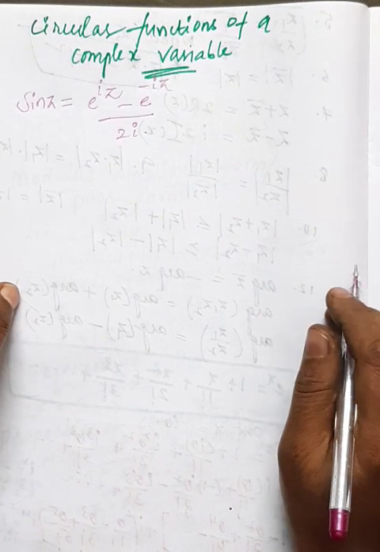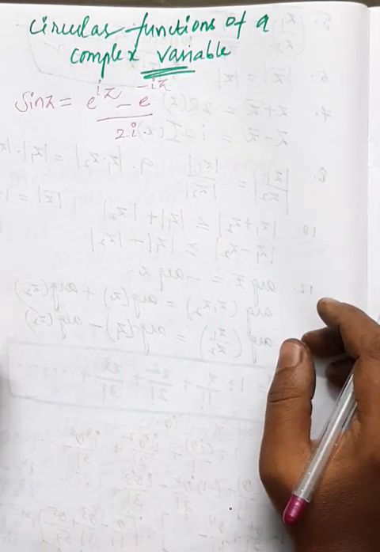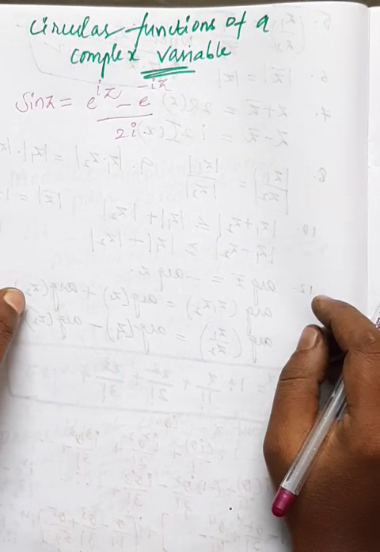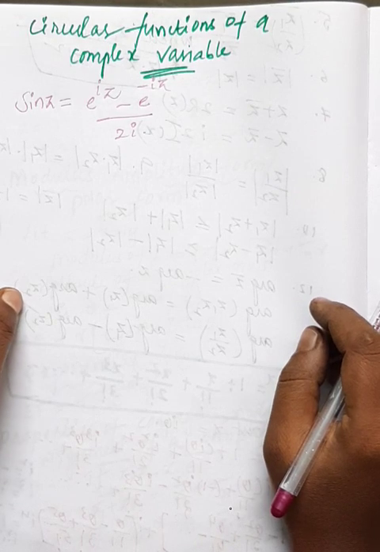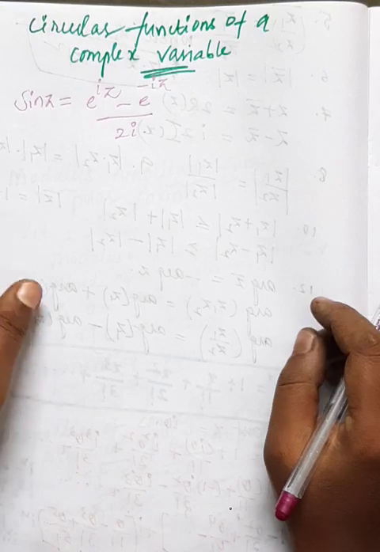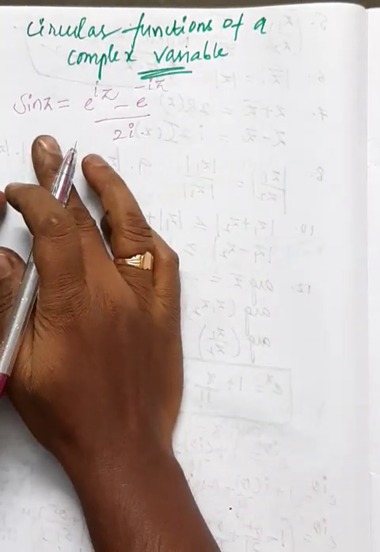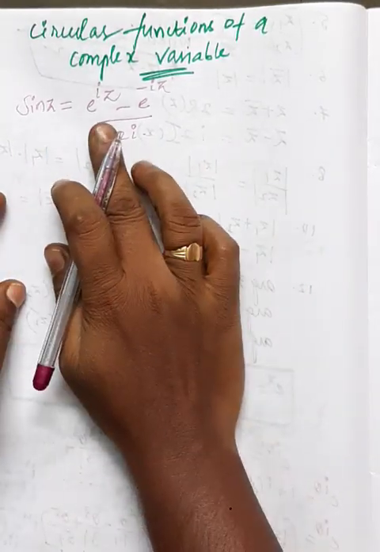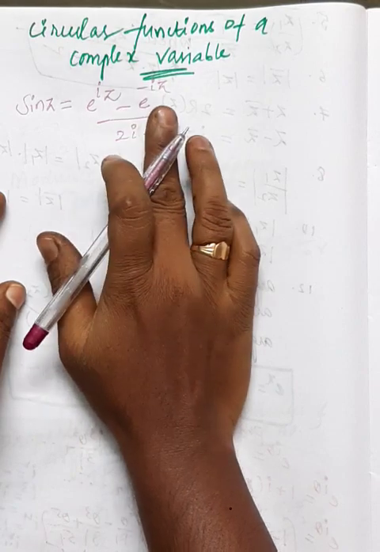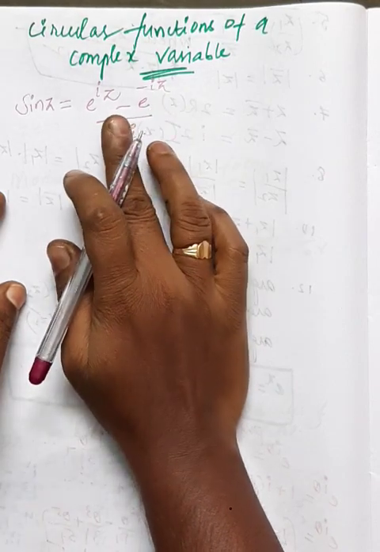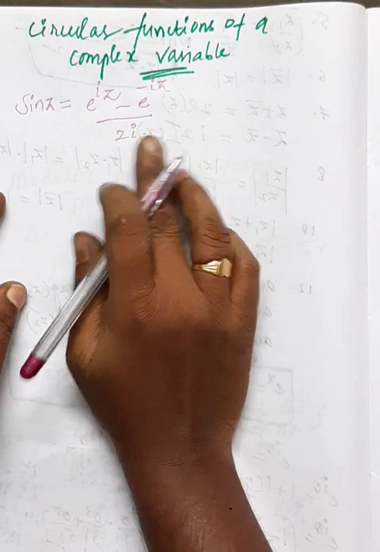In the previous class we have discussed hyperbolic functions. In hyperbolic functions, the formula for sin hx is e power x minus e power minus x by 2. In the same way, the formula for sin z is e power iz minus e power minus iz by 2i, where in place of x we have z.